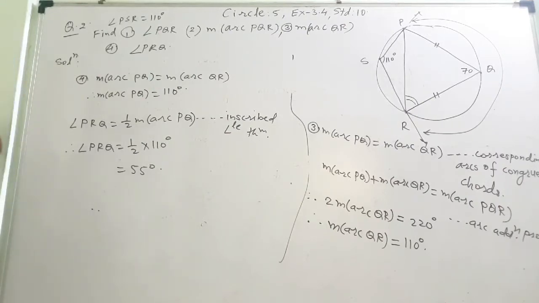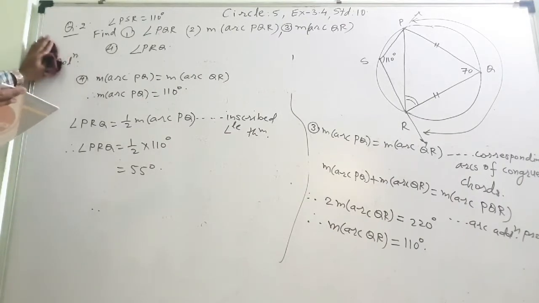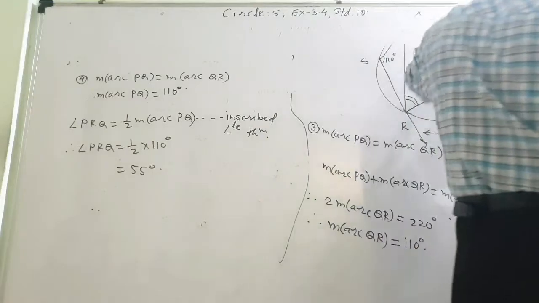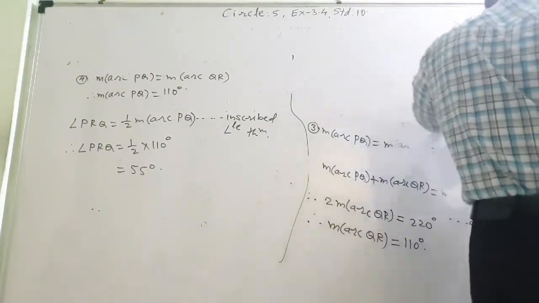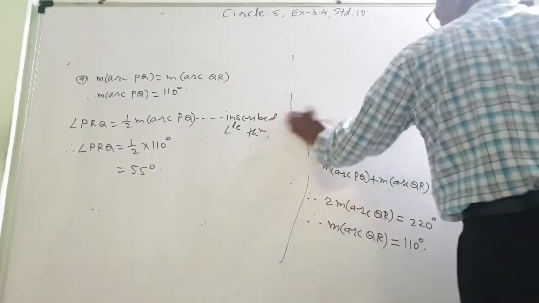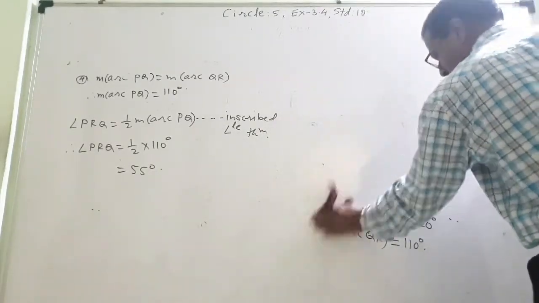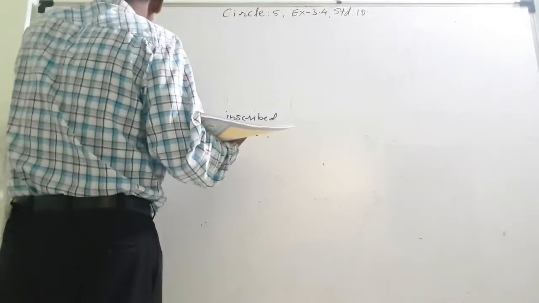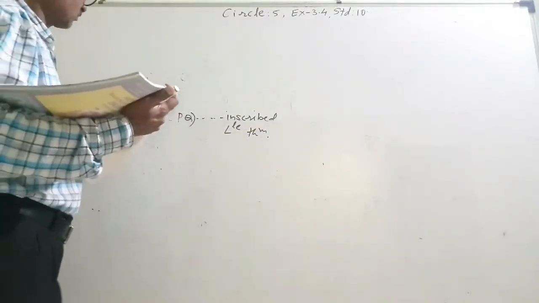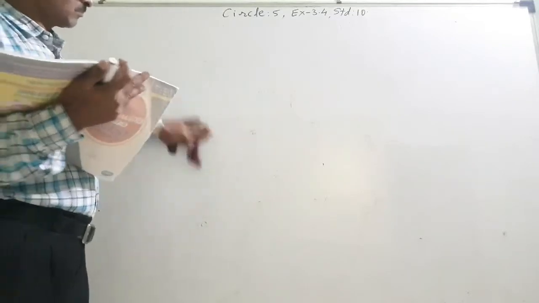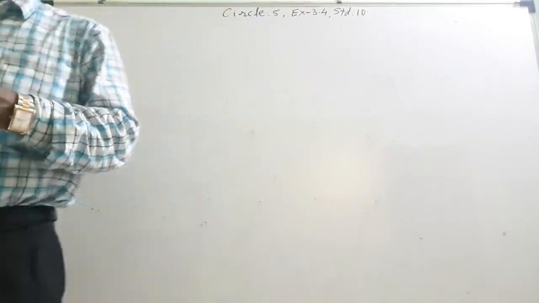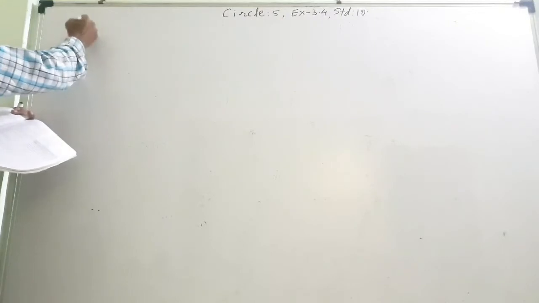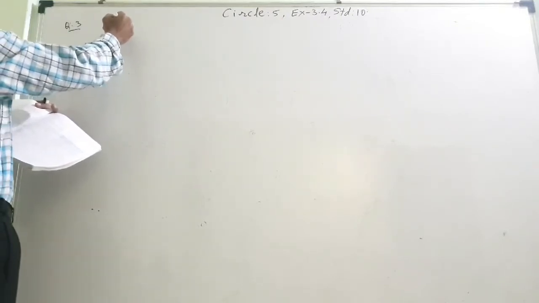So the third one we will write. Question 3 is quadrilateral MRPN.